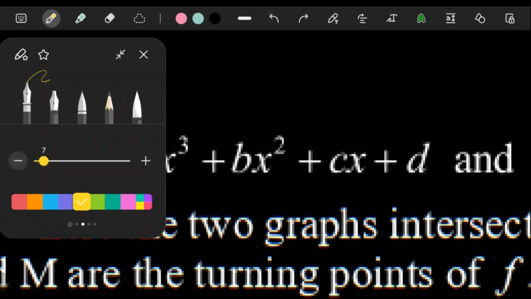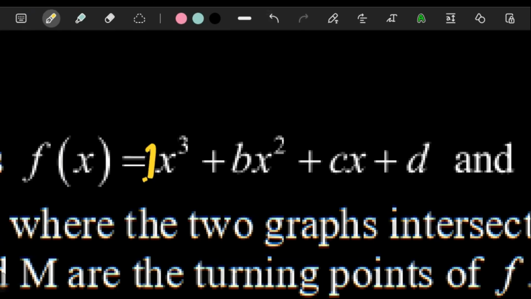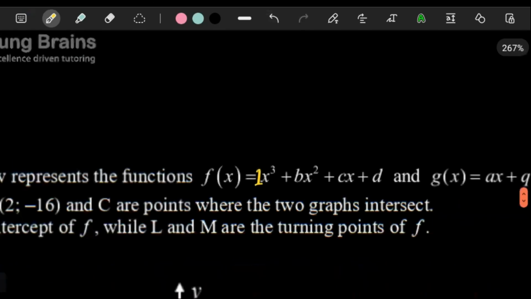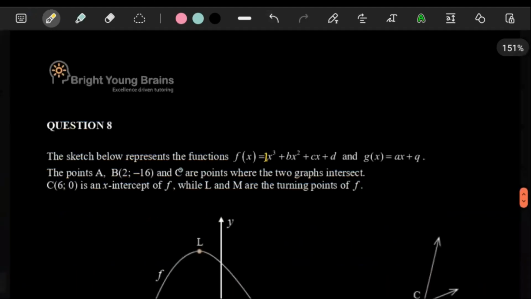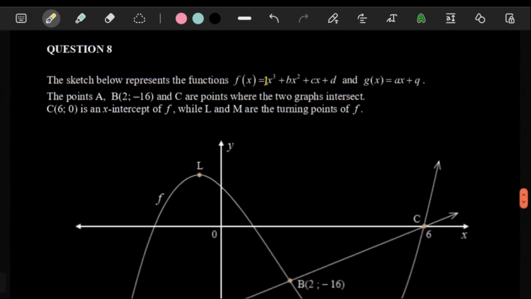Yeah, the number there is a 1. So since this number here is a 1, it says the sketch below represents functions f of x and g of x is equal to this. And then it says the points A, B, and C are points where the two graphs intersect.